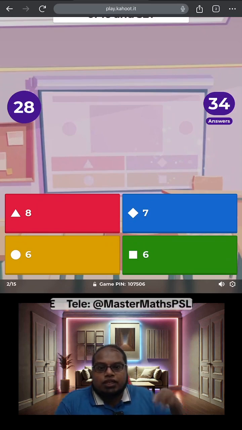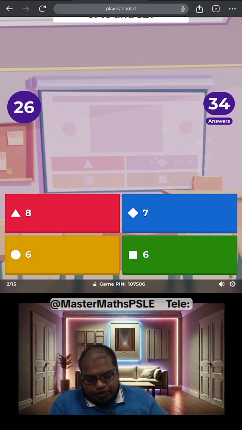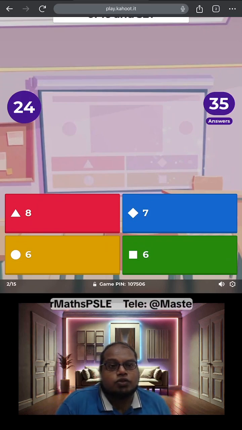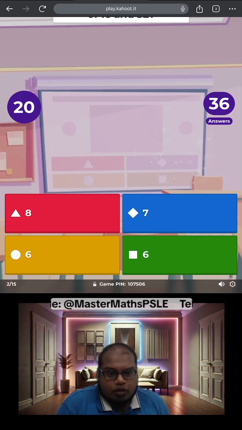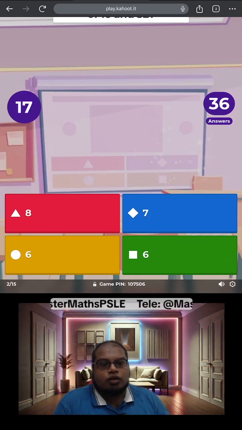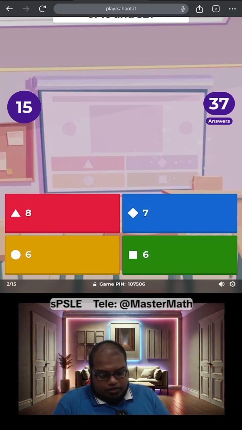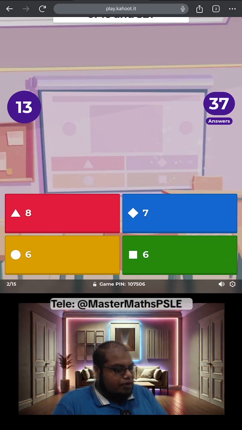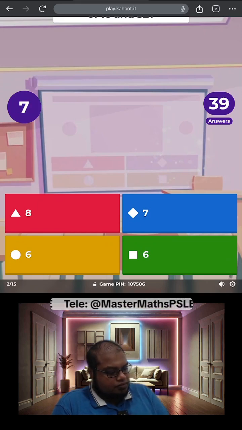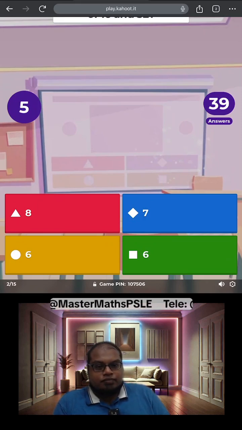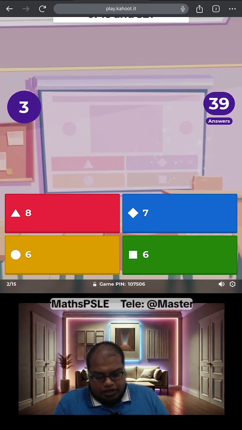You can still see the game pin on top here, 107506, in case any of you wants to join. Alright, come on in, come on in. Maybe the pink color one.